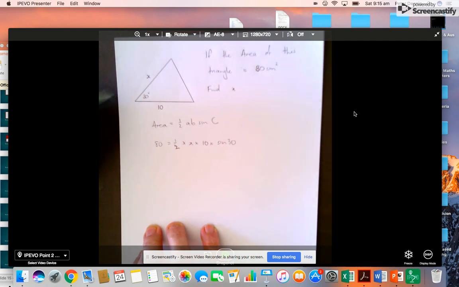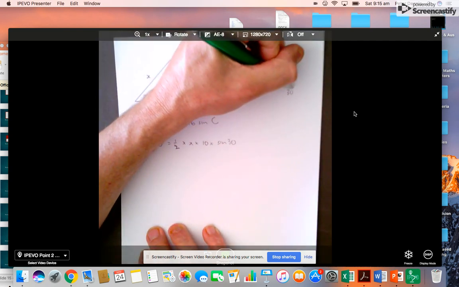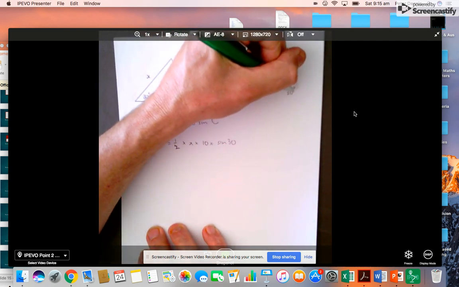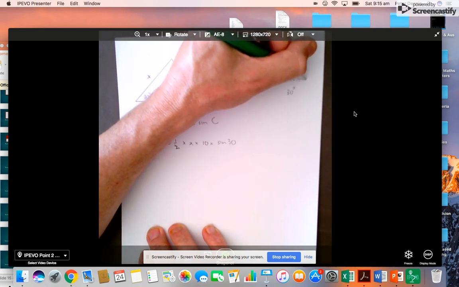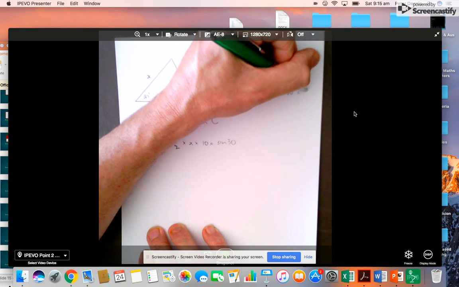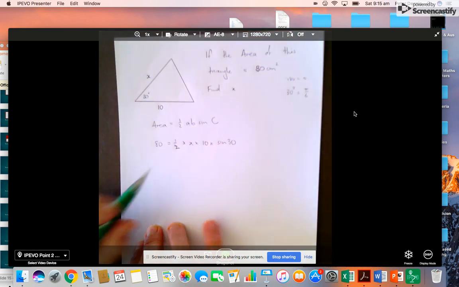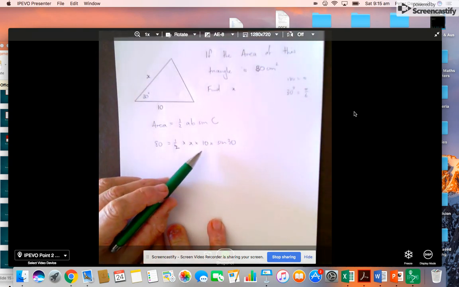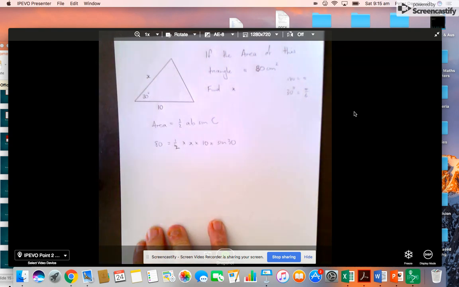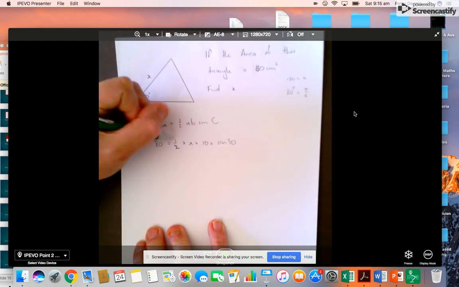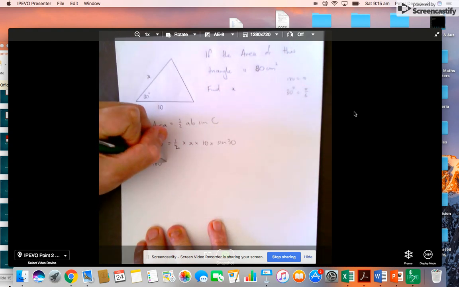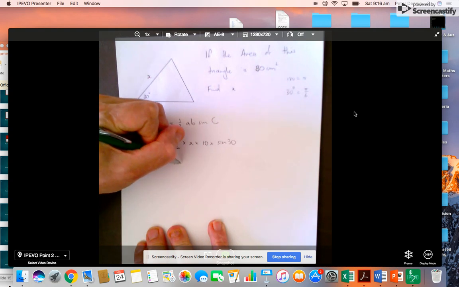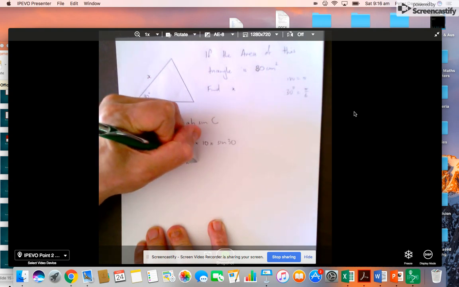Again, what would sine 30 be? 30 degrees, or since 180 equals pi, 30 equals pi on 6. We could have used pi on 6. So this is just a very similar thing. We're just taking everything over the other side. We're times by a half, so we can divide by a half on the other side, or times by 2 is going to give you 160 equals 10 times x times sine 30.